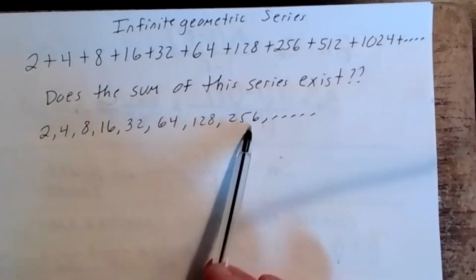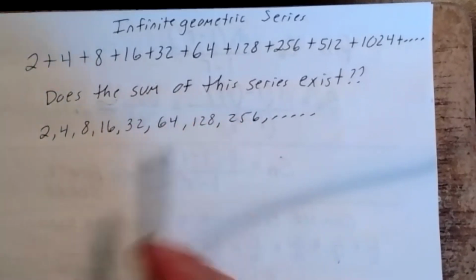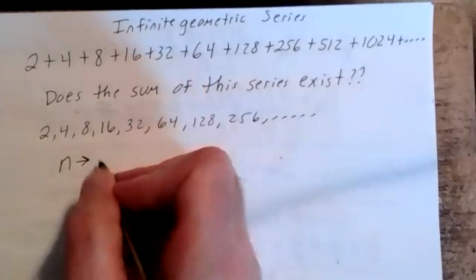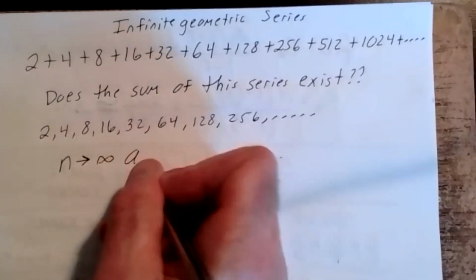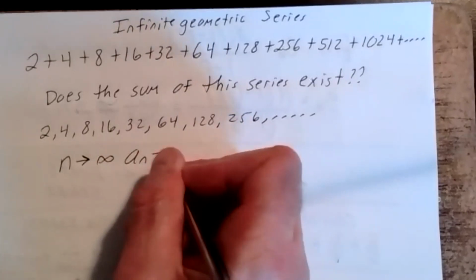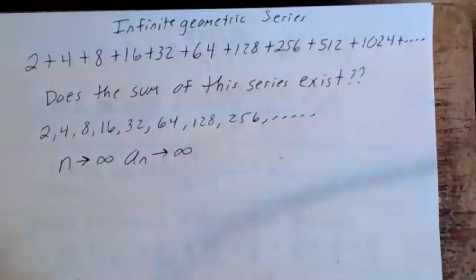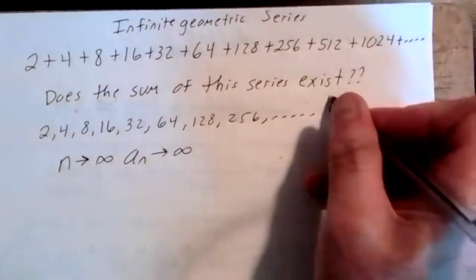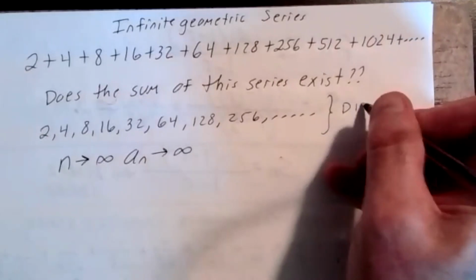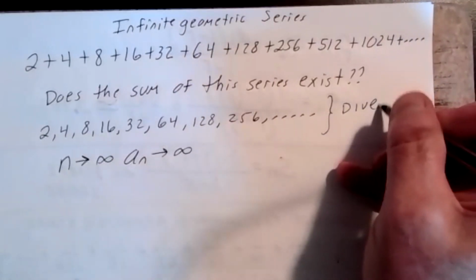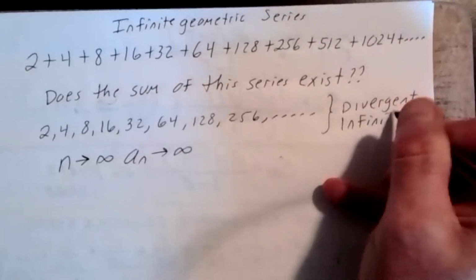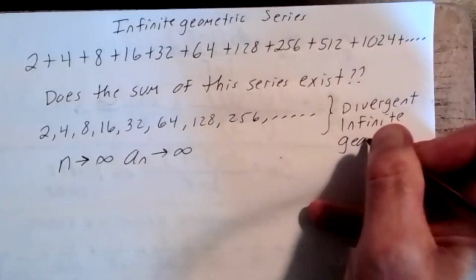More accurately, as n approaches infinity, the terms of this geometric sequence also approach what? Infinity. Does that make sense? Ladies and gentlemen, we call this a divergent infinite geometric sequence.